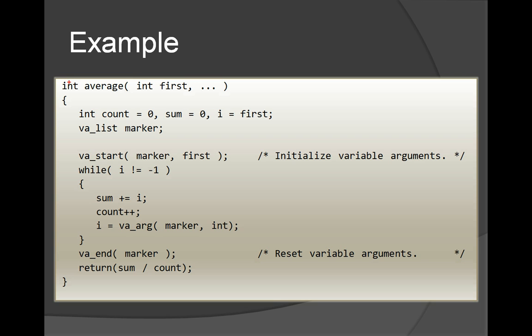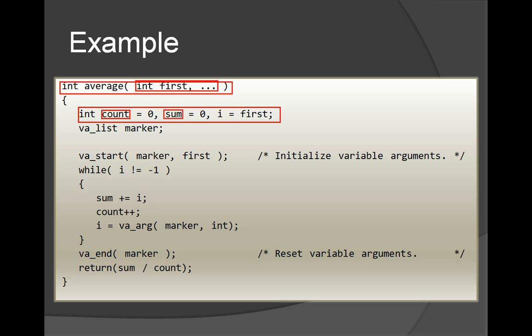We have a program here which finds the average of all the arguments passed. The last argument we are passing to this function is -1. If we see a -1, we understand that it's the last argument. We have 3 integers here: count, which is the number of elements passed, then sum, which is the sum of the elements, and i, which is an iterator pointing to the first element initially.